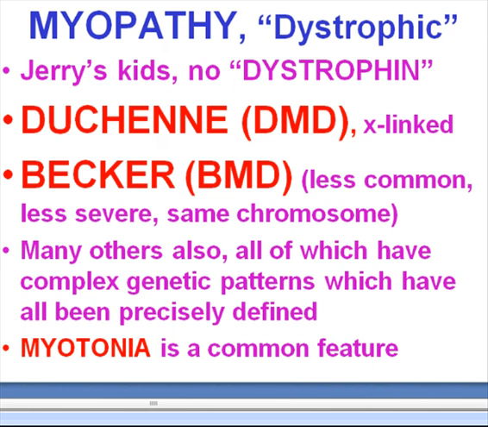Now, dystrophin is a protein in normal skeletal muscle that is an important interface between the muscle fiber and the membrane that surrounds it. It's a connecting protein. Okay, if you want to know exactly what it looks like, here it is over here.